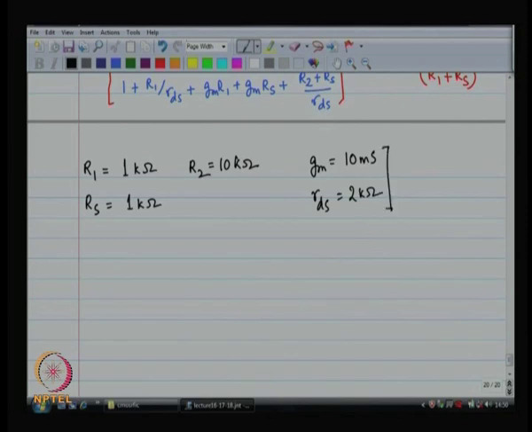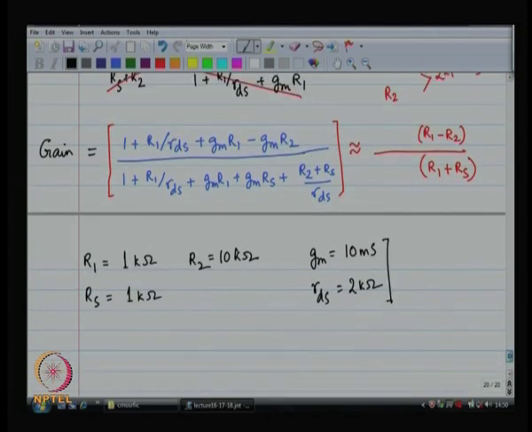Okay. So, let us say these are the numbers that we are talking about. So, in that case, the approximate result gives me R1 minus R2, that is minus 9 divided by R1 plus RS, 2. So, I get about minus 4.5 gain, which is not bad, about 12-13 dB, right.